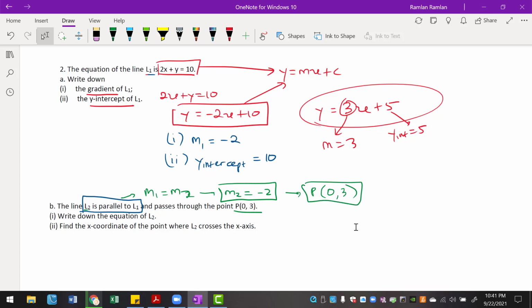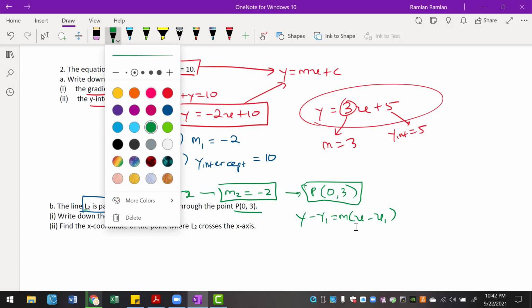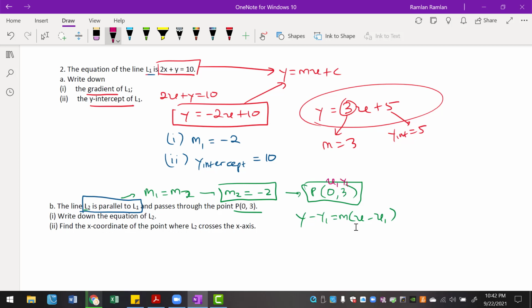So we have these two things that we can use to construct a line equation, using the formula y minus y1 equals m times x minus x1. We can use this formula if we know the gradient and any one point on the line. I'm going to mark the x1 and y1: this is x1 and this is y1.